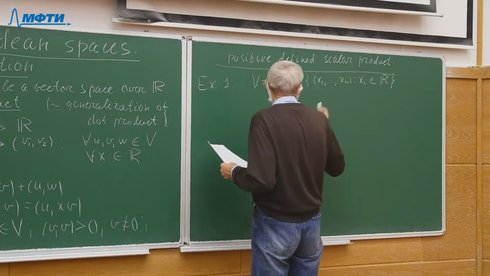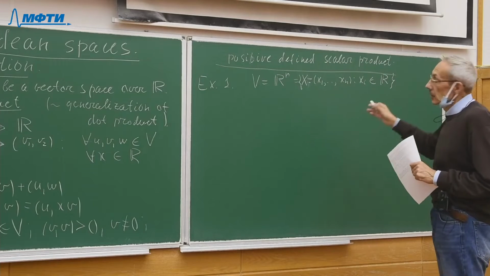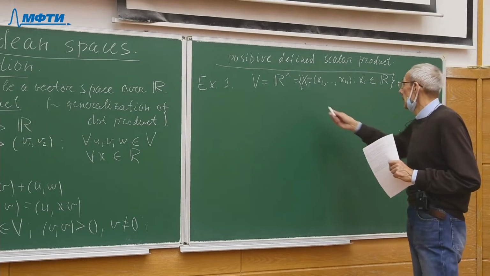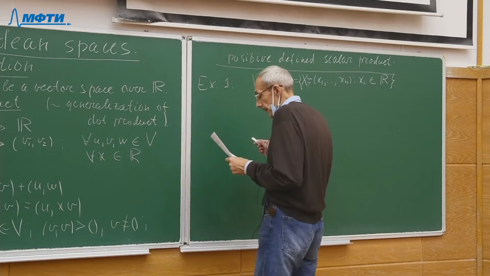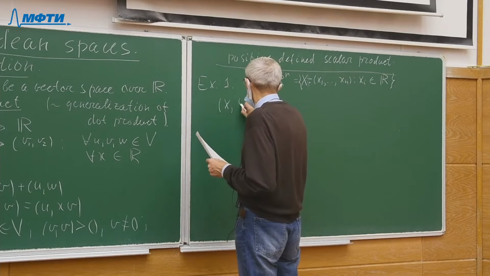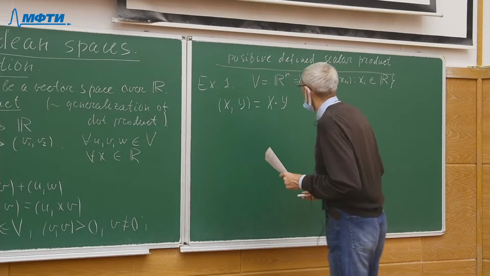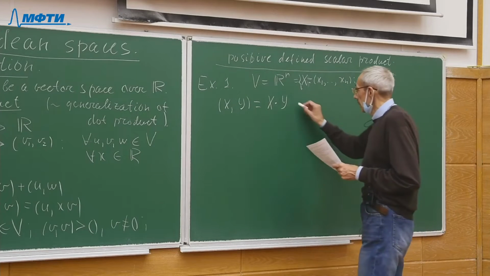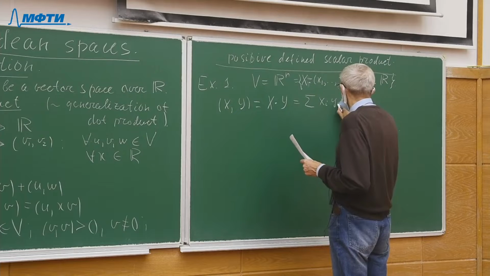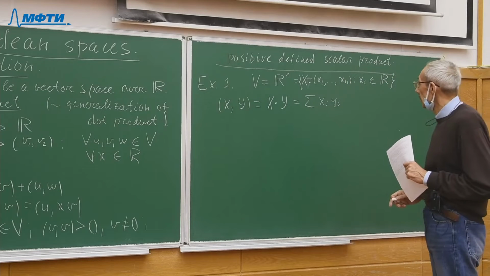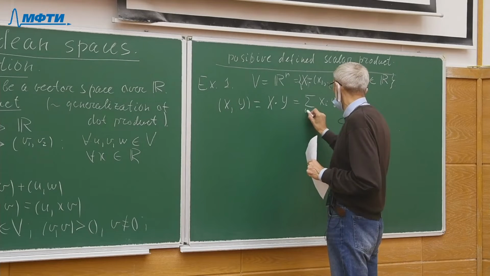We will use capital letters to denote the elements of this vector space, and we can define the scalar product of such vectors as the dot product of these vectors, namely as the sum of the products of the corresponding entries of these n-tuples.